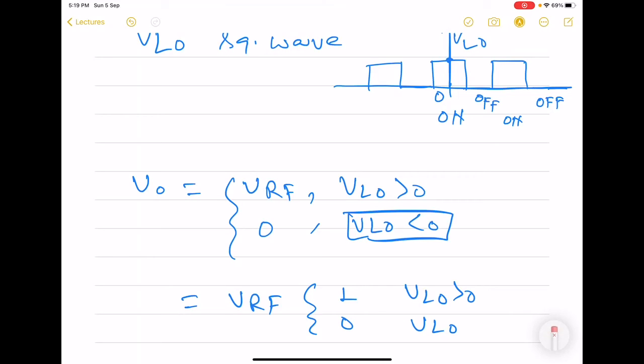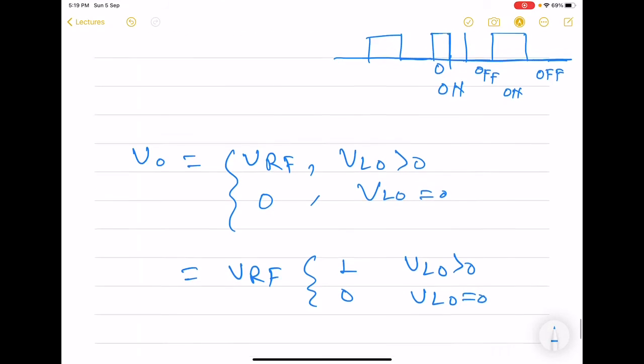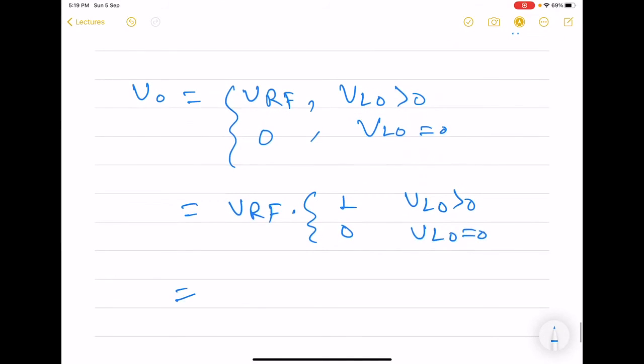So we can say that this is case for VLO is equal to 0. So we are going to get square wave, but this square wave will always be between 0 and 1.